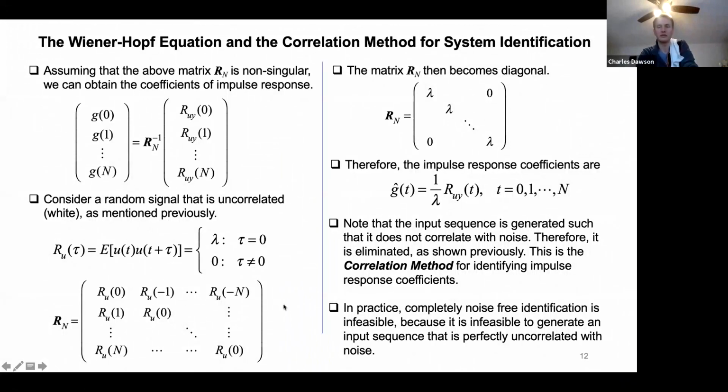Okay, go ahead. Is there ever a case where R_n is singular? Oh yeah, great, good question. Obviously, if the diagonal term R_0 is non-zero, that's a very strong case. Even though that's not the case, there may be some other situations that may happen.